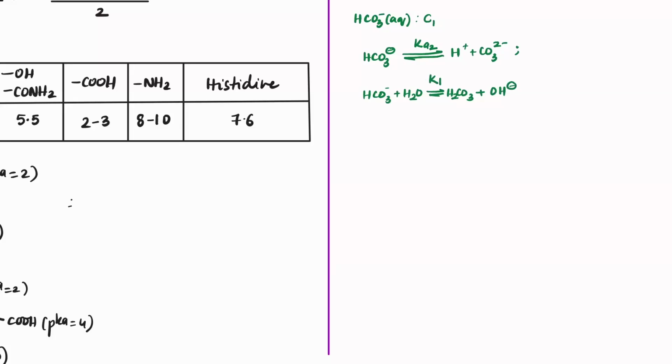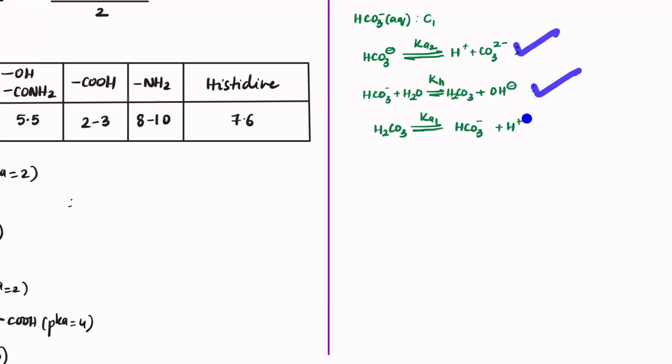This is called the hydrolysis constant, Kh. And second thing you'll notice is that whatever H2CO3 is forming will again dissociate into HCO3- plus H+. So this is Ka1. So when you take sodium bicarbonate salt in water, you will notice these three equilibriums exist together.